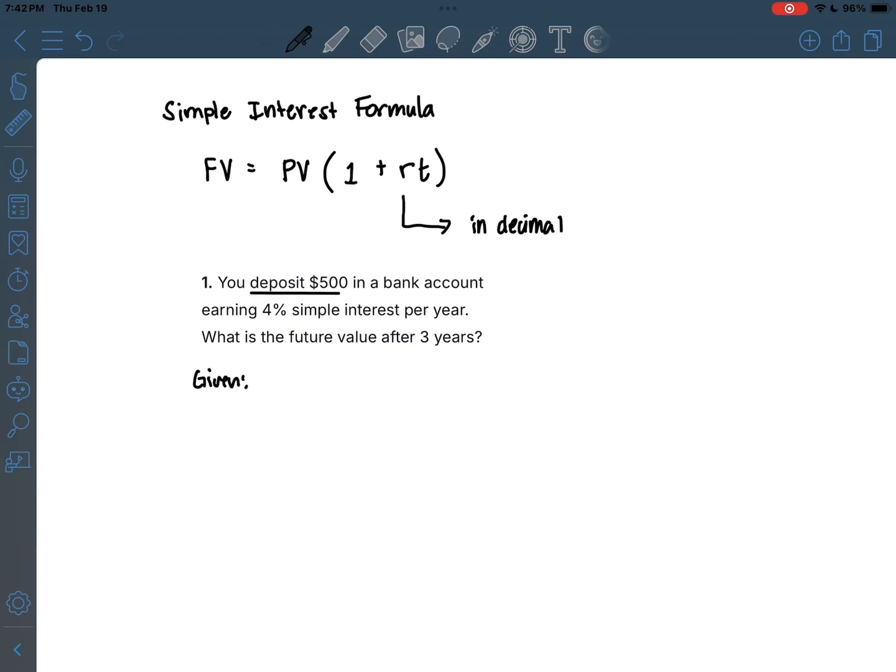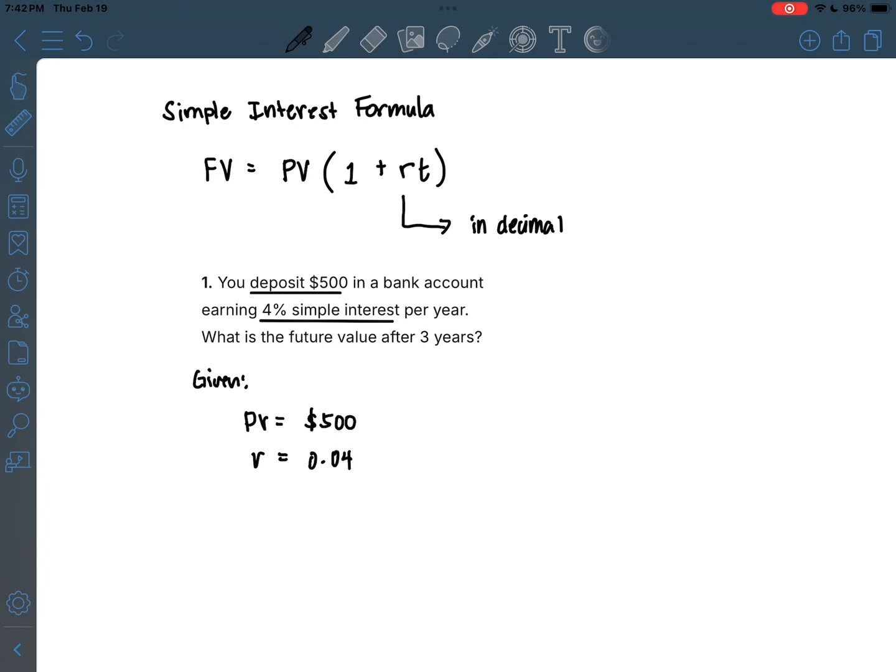That just means that it is the money that you have at the moment, so that's gonna be our PV, or the present value, just $500 in a bank account earning 4% simple interest. The 4% interest we have to convert into decimal, so our rate will become 0.04.